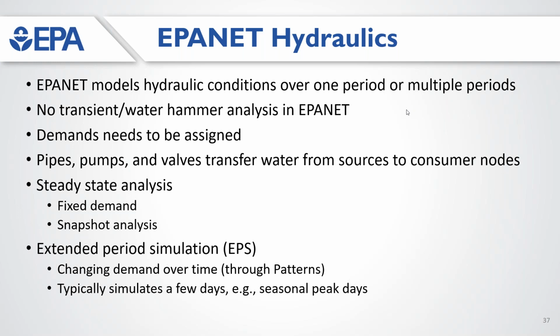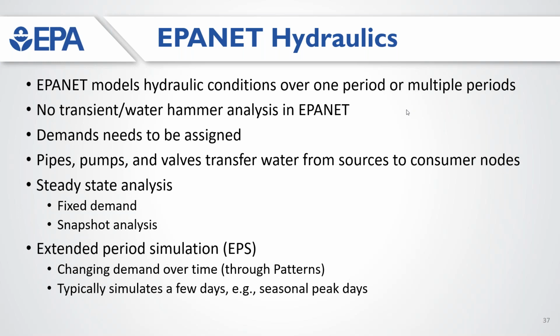I should note that there is no transient or water hammer analysis incorporated into EPANET. EPANET is doing one or multiple, basically, steady state analysis for the distribution system. Transient analysis is different because it needs to solve transient equations, so it's not incorporated into EPANET.